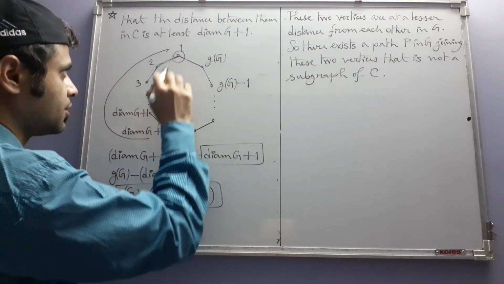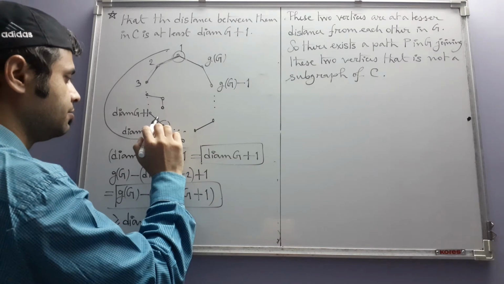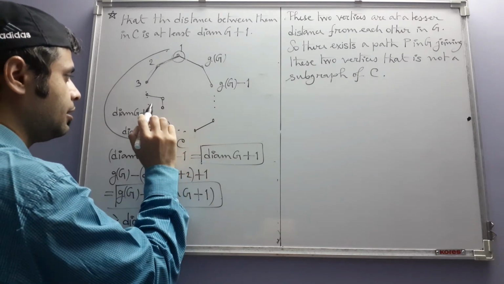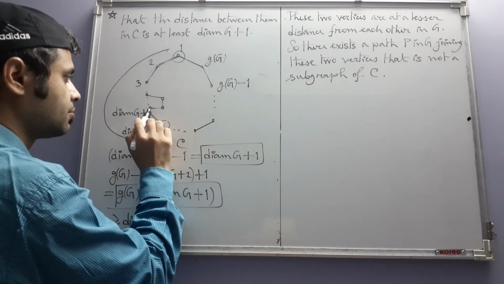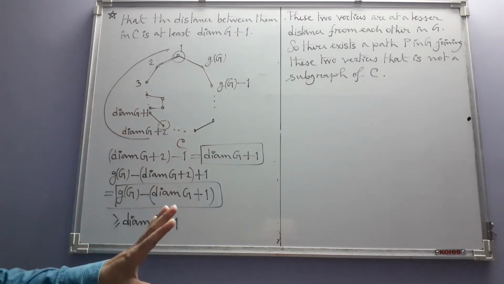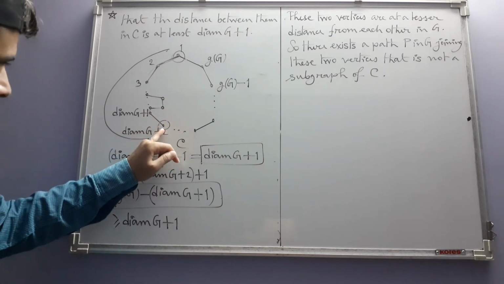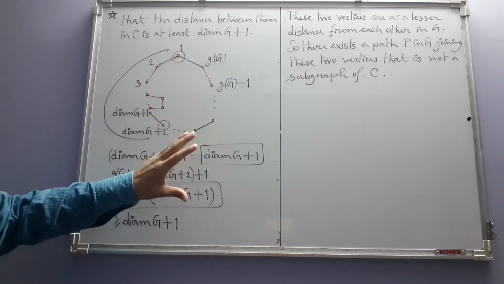It deviates from C, goes outside, and then it again meets C at some point, either before it gets to this point or it meets this point from outside directly.